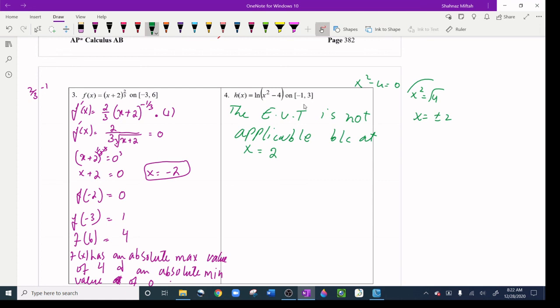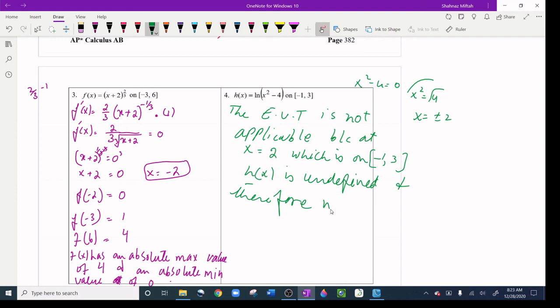The EVT is not applicable because at x equal 2, which is on negative 1 to 3, f of x is undefined, and I'll tell you why it's undefined, and therefore not continuous.